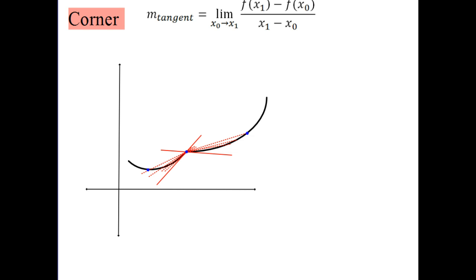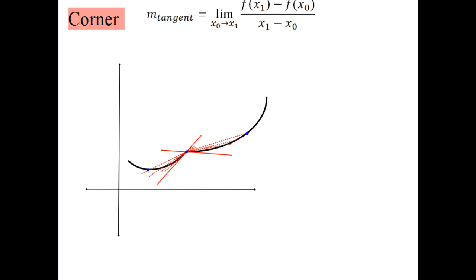So if we come from the left, we draw a secant from here to our point, which is at the corner, and we keep drawing secant lines at points closer and closer to that point until we arrive at a tangent line that has this positive slope. If we do the same thing from the other side, as we get closer and closer, we see that we have a tangent line with a negative slope.